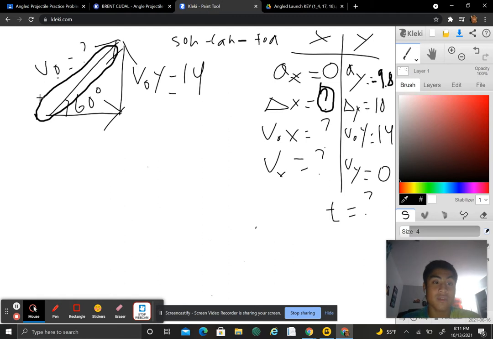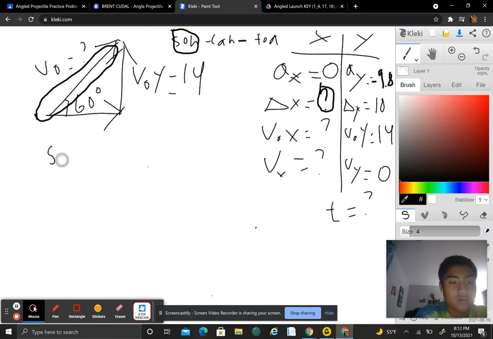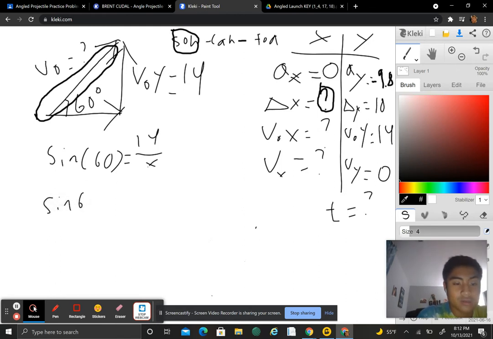We use SO, because that is sine 60, but most importantly, the opposite, which is 14, over the hypotenuse, which we'll use x here to represent. So multiply x on both sides. Sine 60 times x equals 14.